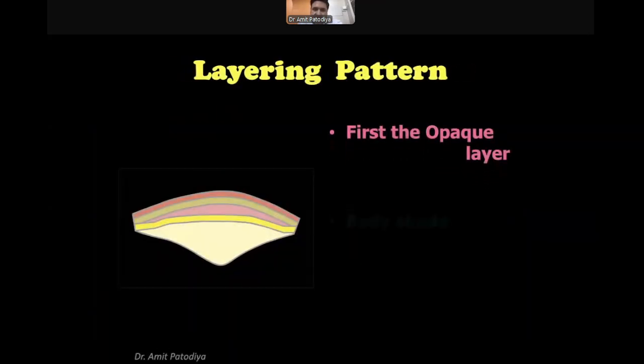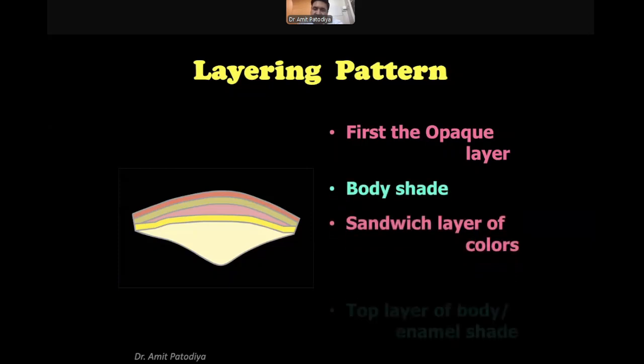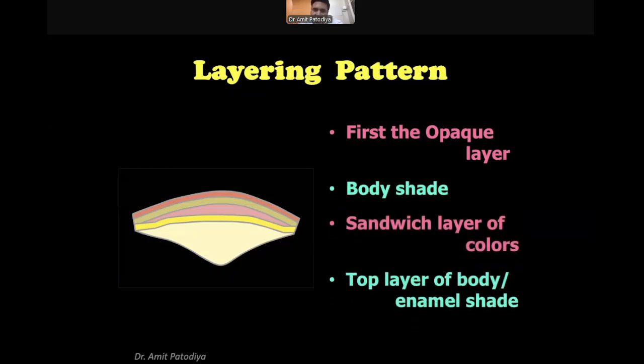Just to summarize, layering pattern: it is always first the opaque layer, then the body shade, and then the sandwich of colors. And over the top, enamel shade or body shade, whichever is needed. But to do this layering pattern, make sure of two things. What are they? The first thing is you have prepared sufficiently to receive so many layers.